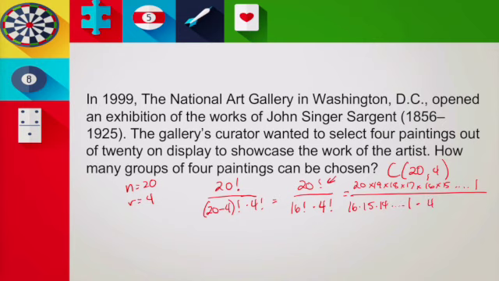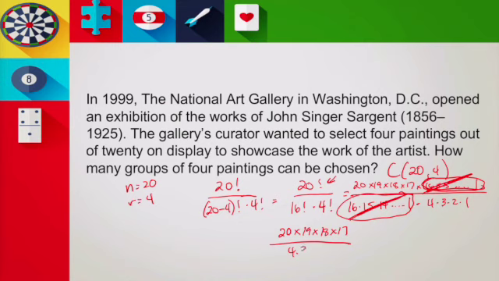And then 4 factorial is 4 times 3 times 2 times 1. So the 16, 15, 14, all the way down to 1 cancels out with the 16, 15, 14, all the way down to 1 up here. So we can cancel those out because it's multiplied. And so we would get 20 times 19 times 18 times 17 over 4 times 3 times 2 times 1.